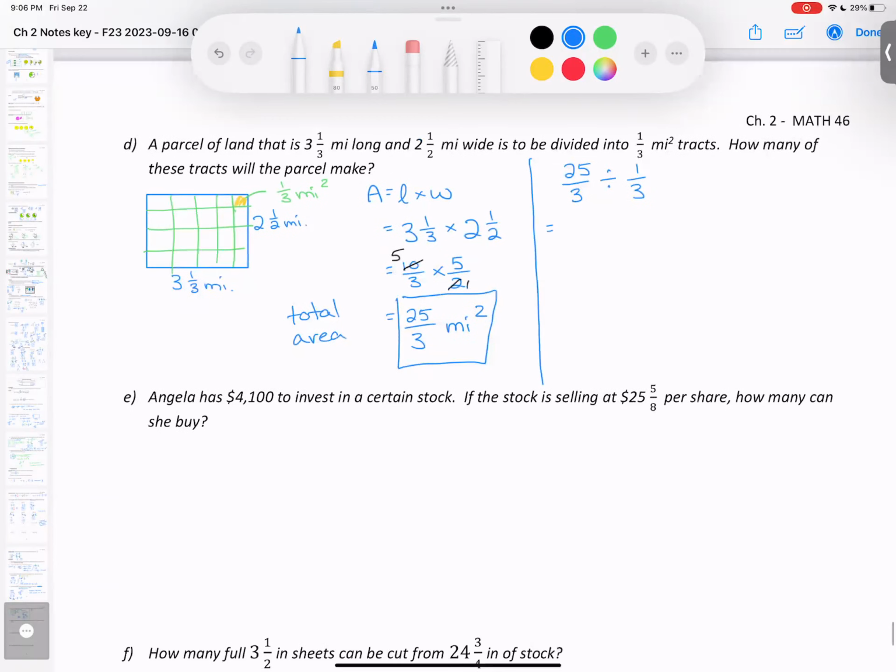Okay, so to do that, we're going to flip and multiply. And I'm going to cross simplify here because I see I have a 3 on the top and a 3 on the bottom. And so I end up with 25/1. So 25 parcels can be made.